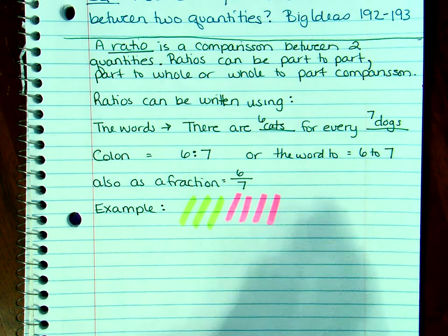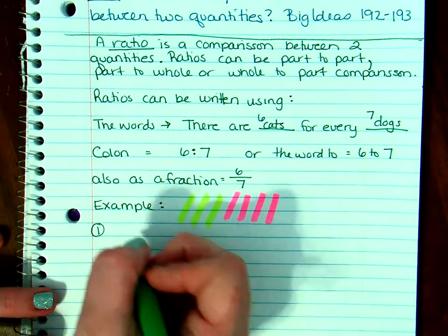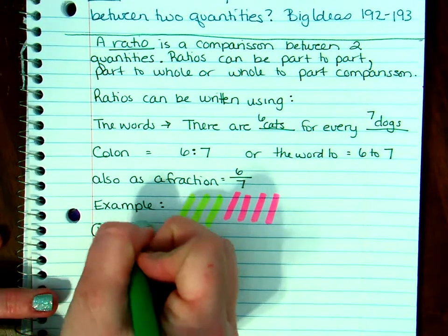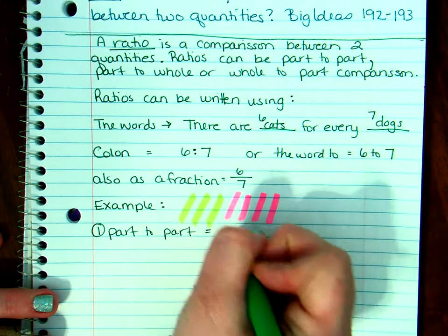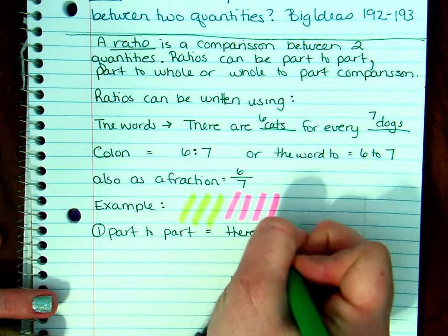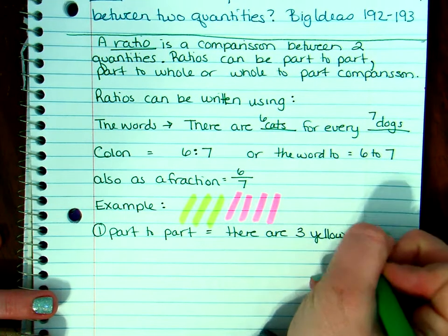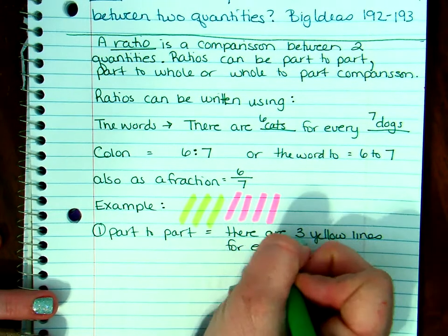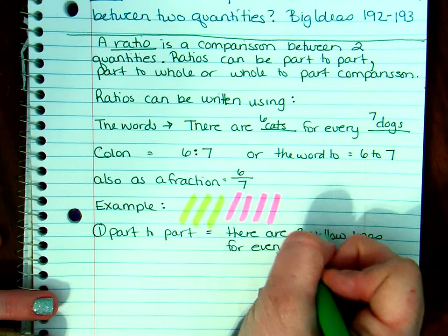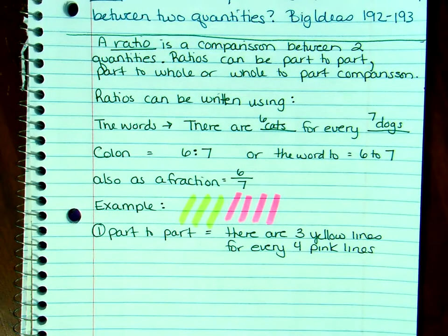Okay? So the first one, I could do part to part. And I could say, there are 3 yellow lines for every 4 pink lines.